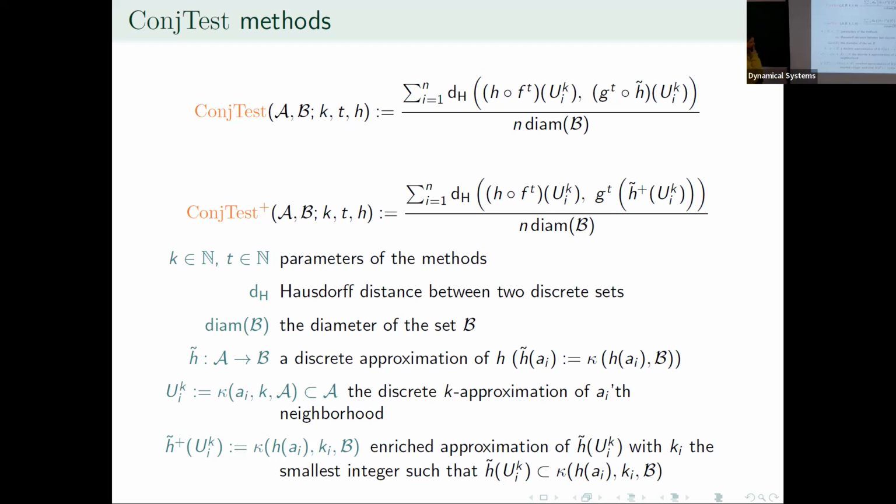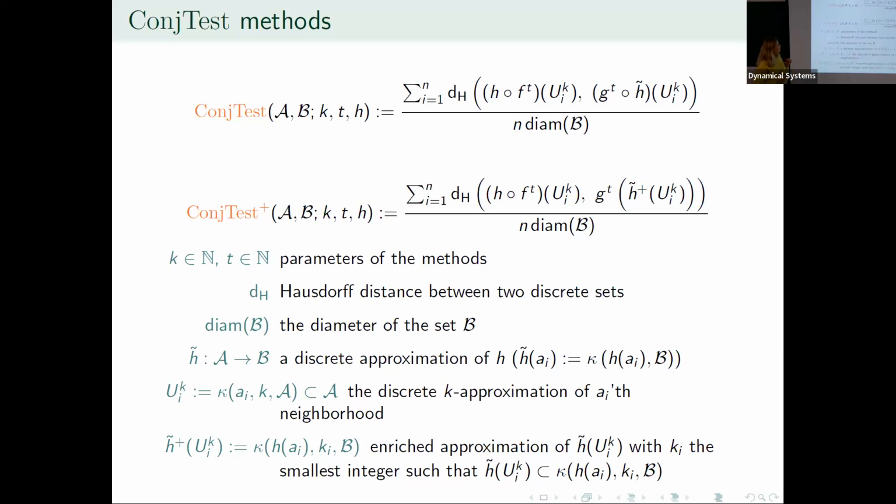So maybe let me explain them, because I know that the formulas are not always so nice, but in fact what they say is not so complicated. Our first method, we call it the conjugacy test, of time series A versus time series B, where K is again a parameter, the K in K nearest neighbors.